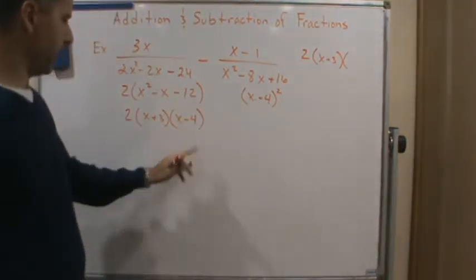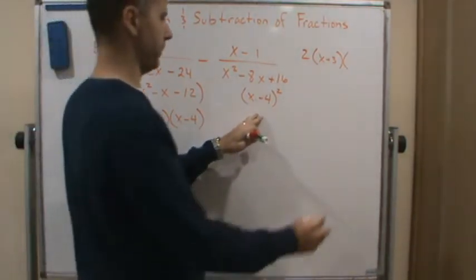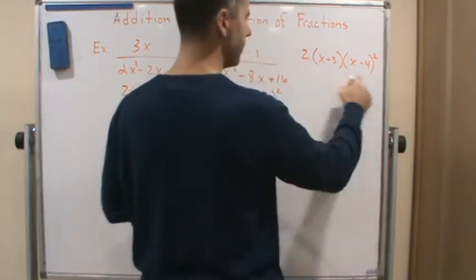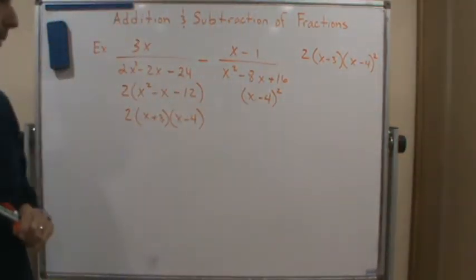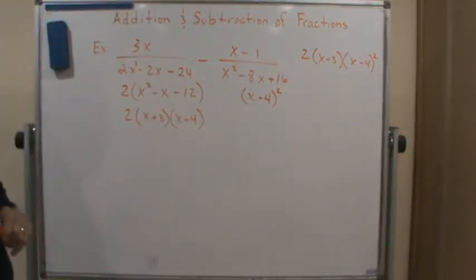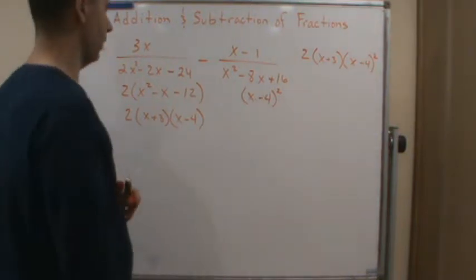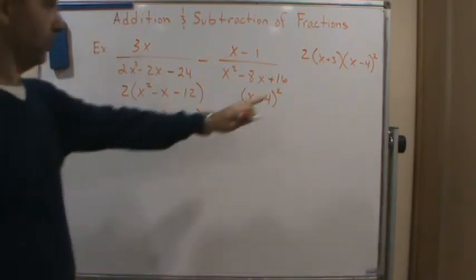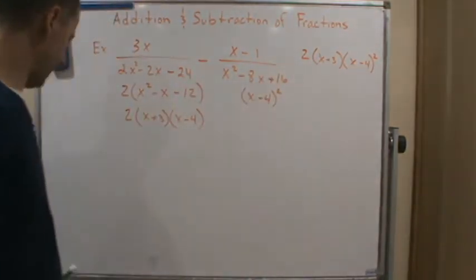And we have x minus 4, and the highest power of x minus 4 is 2. So this is going to be our lowest common denominator. Now, we just have to rewrite these 2 expressions with this as a denominator.